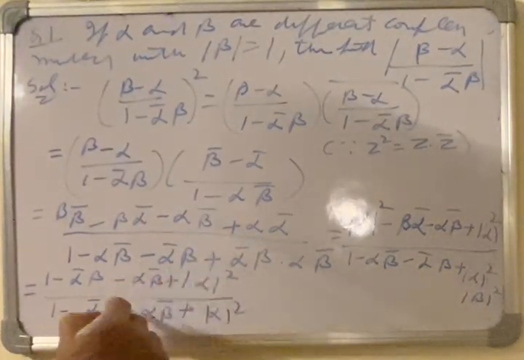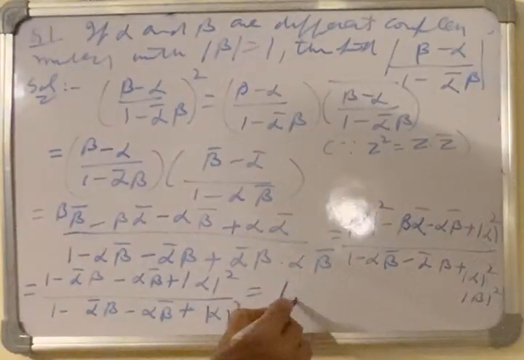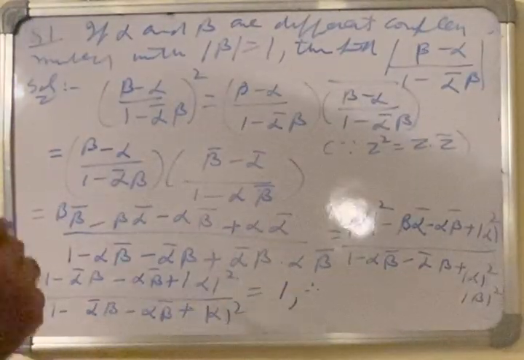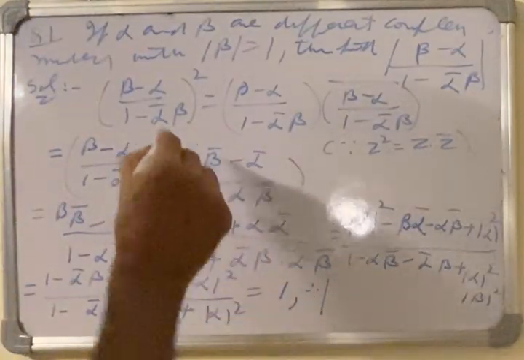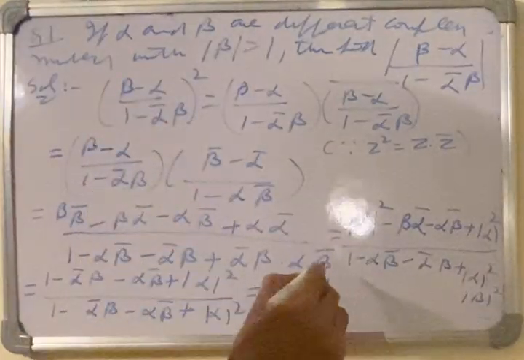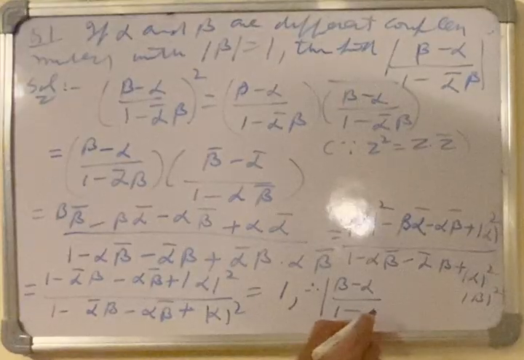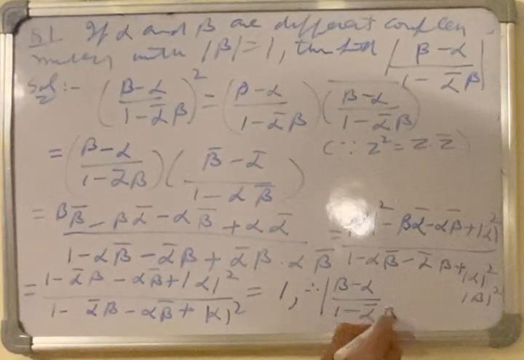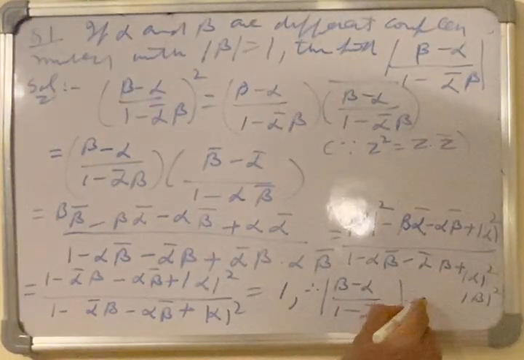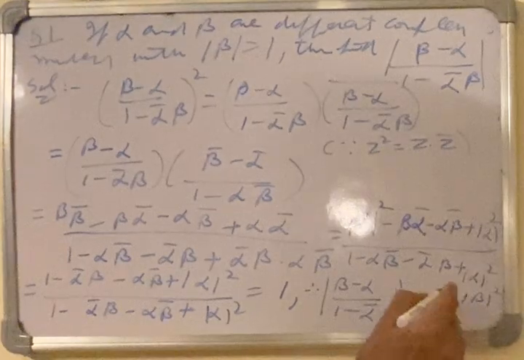So we cancel this, and this is equal to 1. Therefore, mod of (beta minus alpha) over (1 minus alpha bar beta) is equal to 1. This is the answer.